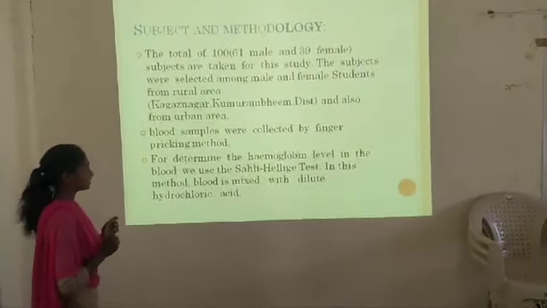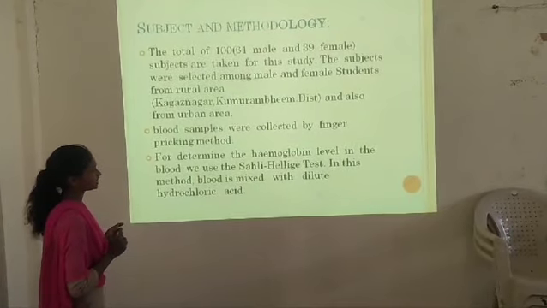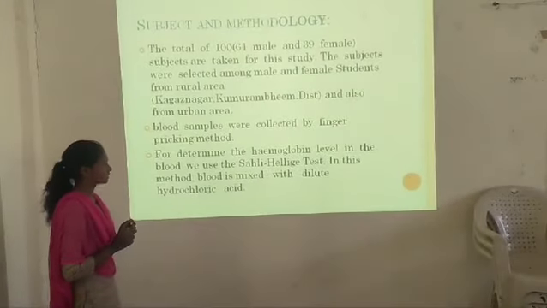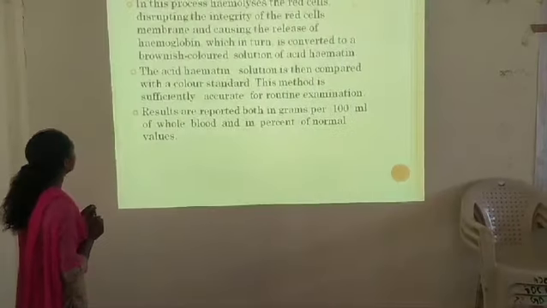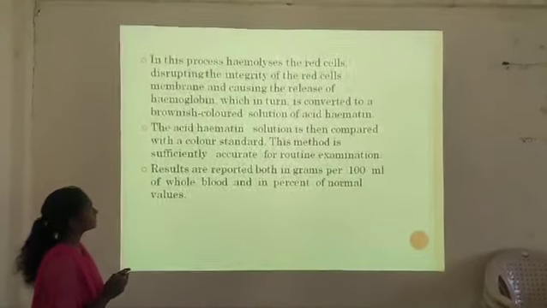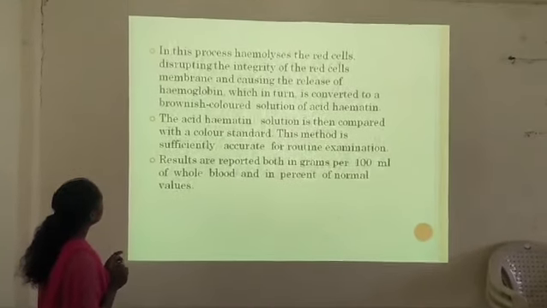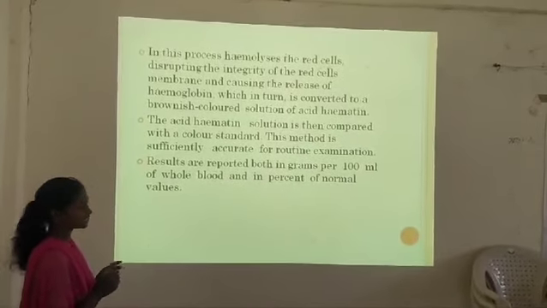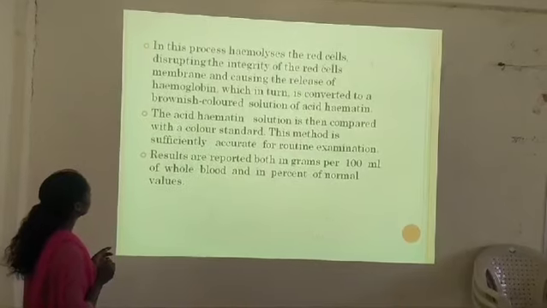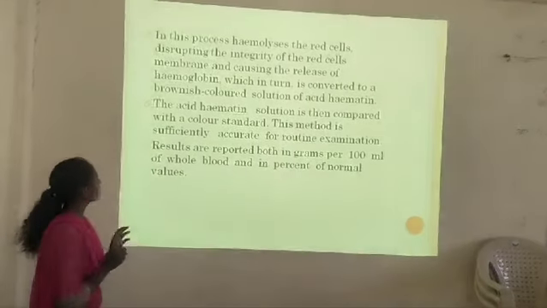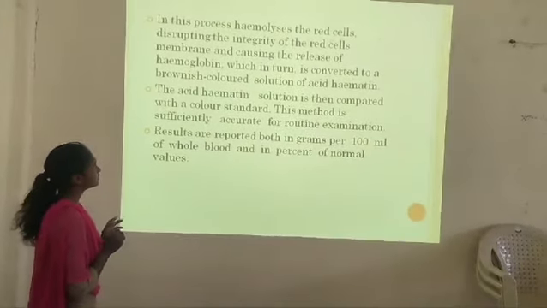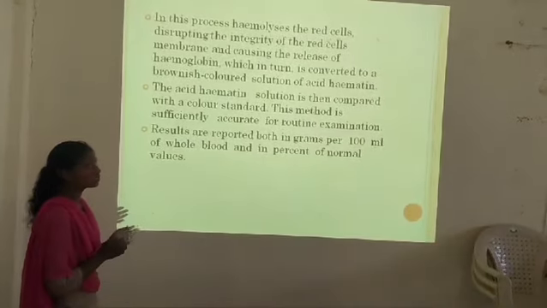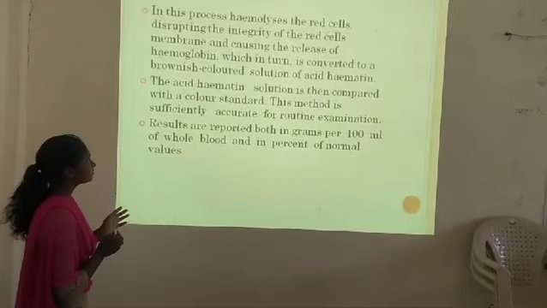We use the Sahli hemoglobinometer test. In this method, blood is mixed with dilute hydrochloric acid. In this process, hemolysis of the red cells occurs, disrupting the integrity of the red cell membrane and causing the release of hemoglobin, which in turn is converted to a brownish colored solution of acid hematin.